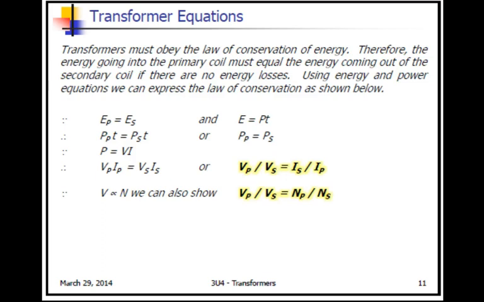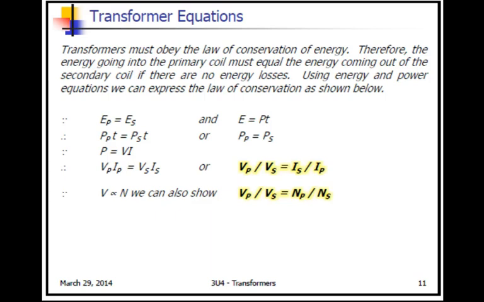So, equations for transformers. Because the energy in the primary has to equal the energy in our secondary, and energy is equal to power times time, and power is equal to V times I, we can say that our V times our I on the primary has to equal our V times our I on the secondary.